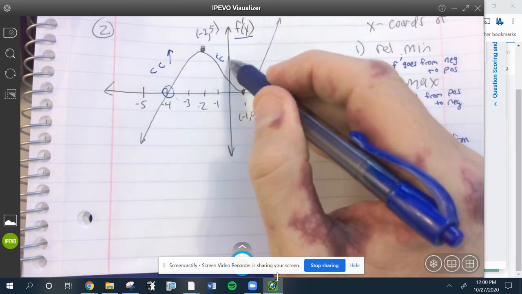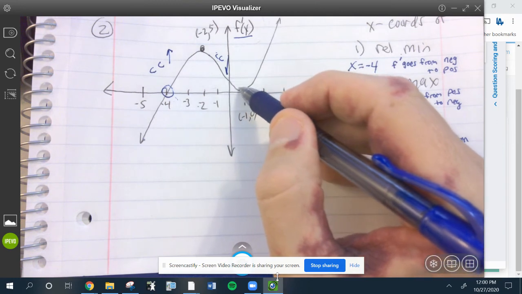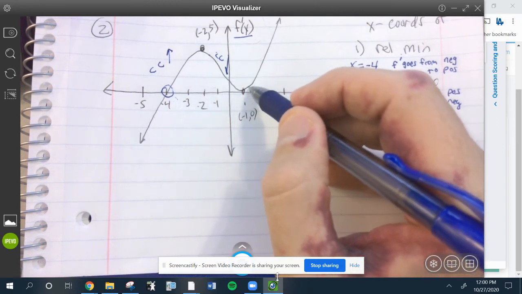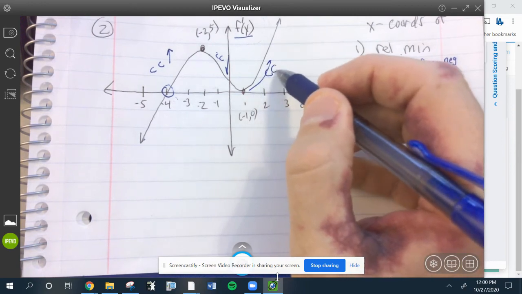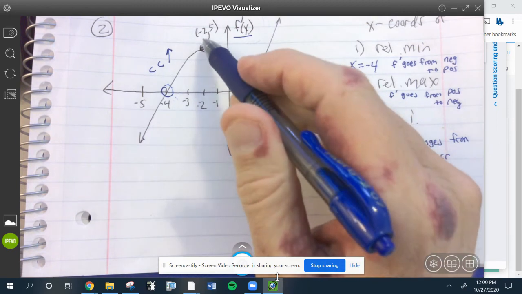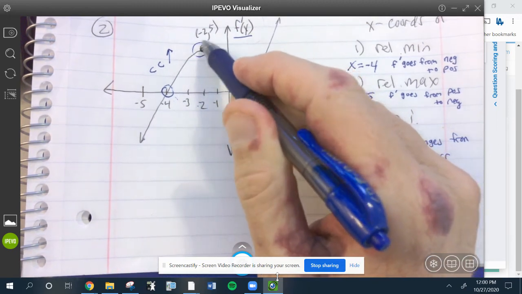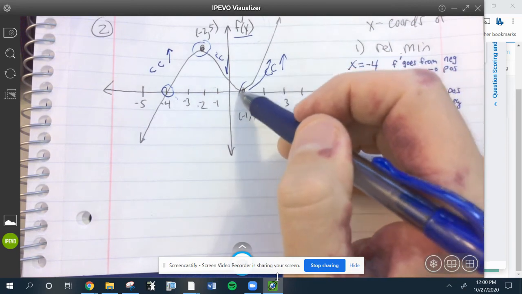Concave down here, from here to here, because the derivative is decreasing. And then right here, the derivative goes back to increasing, so it's concave up. So from concave up to concave down, making this a point of inflection. From concave down to concave up, making this a point of inflection.